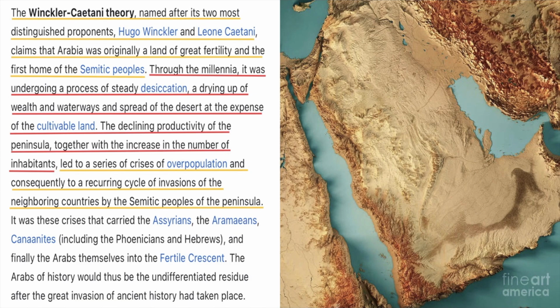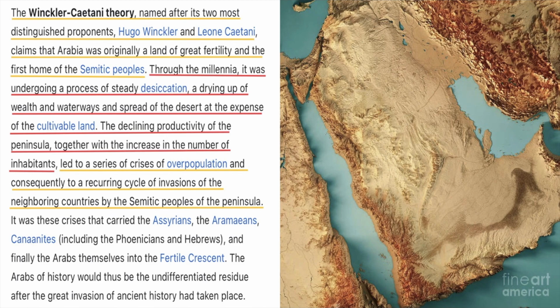So the Winckler-Caetani theory, named after its two most distinguished proponents, Hugo Winckler and Leone Caetani, claims that Arabia was originally a land of great fertility and the first home of the Semitic peoples.